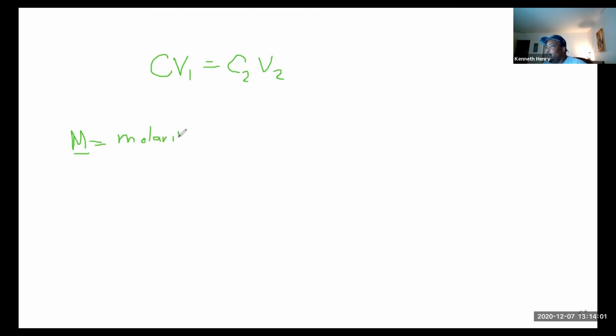Molarity. So obviously it has something to do with the mole, right? Molarity equals moles over liters. Okay. Now, the beauty of molarities is moles over liters. It's moles of solute. Do you remember what a solute is? We've talked about it before.